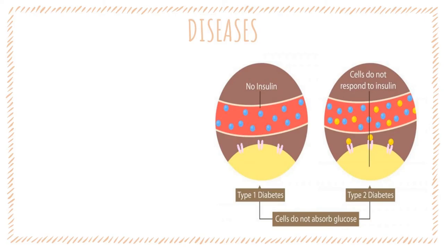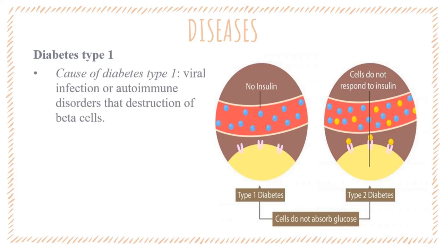Insulin-secreting disorders lead to a popular disease, diabetes type 1. Diabetes type 1 results from the pancreas failing to produce enough insulin due to loss of beta cells, viral infection, or autoimmune disorders that destroy beta cells.